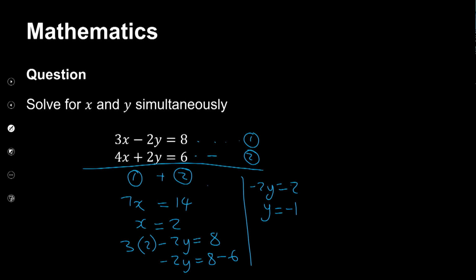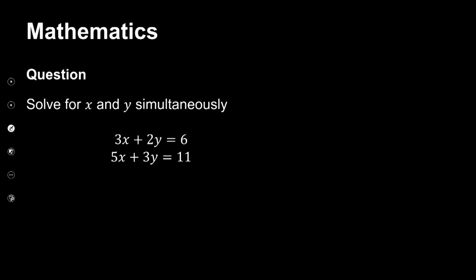So this is really straightforward because already there is a variable that you can just cancel out without you having to multiply by a constant. Now, if that is not the case, like in this particular example, you can either use elimination method or substitution method.